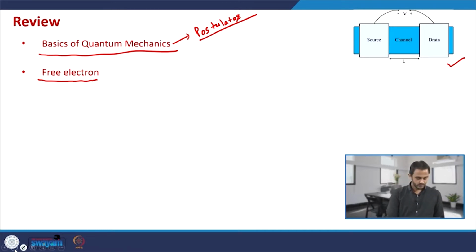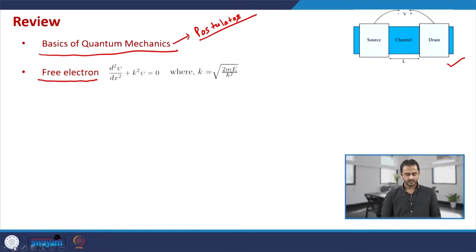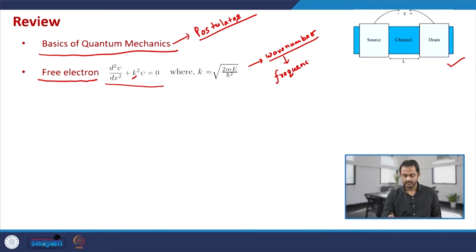In the case of a free electron, we saw that the Schrodinger equation looks like a simple second order differential equation, where we have a parameter called k, which is also known as the wave number. Just to remind you, a wave number can be understood as frequency in the spatial dimension.